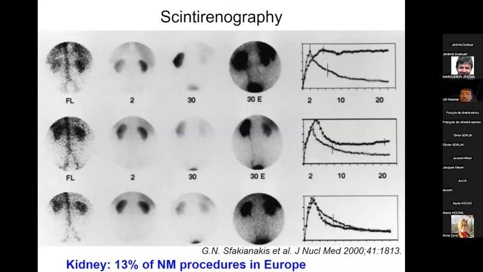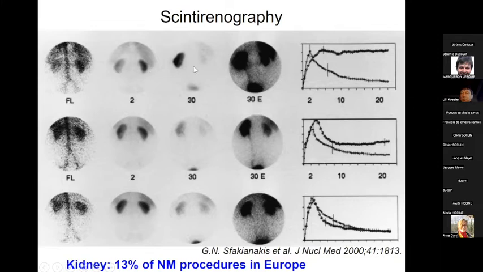And there's even an important application, which is more than 10% of nuclear medicine procedures in Europe, which is kidney scans. So if you have a doubt that one of your kidneys might be blocked or not working correctly, you give a radioactive substance and you check the time behavior, and this here is minutes, 2 minutes, 10 minutes, 20 minutes of activity retained in the right and left kidney.